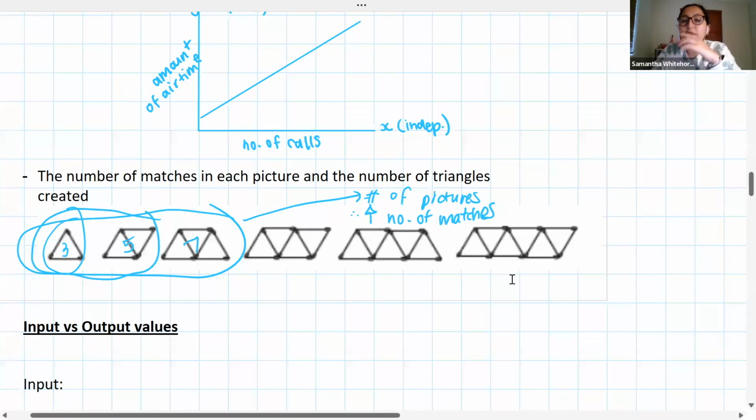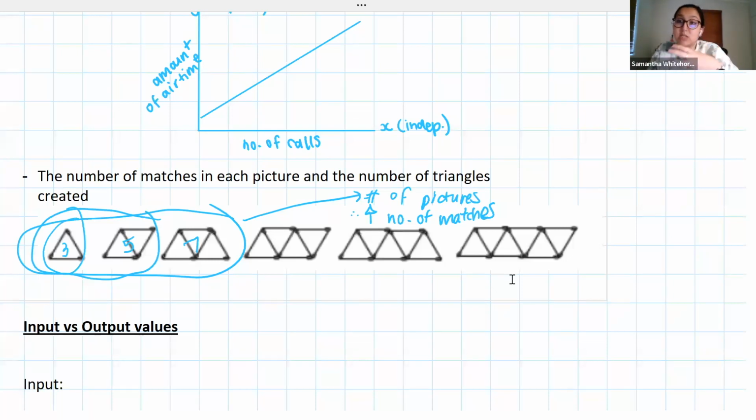All right, and often, especially at this level, it's often going to be a relationship of the more I do something, the more I'm going to need of something else. Not to say that we can't have a situation where as we have more, we have less or need less. But again, think about it in your head without like a mathematical brain. If I want to build more pictures, I'm going to need more matches.